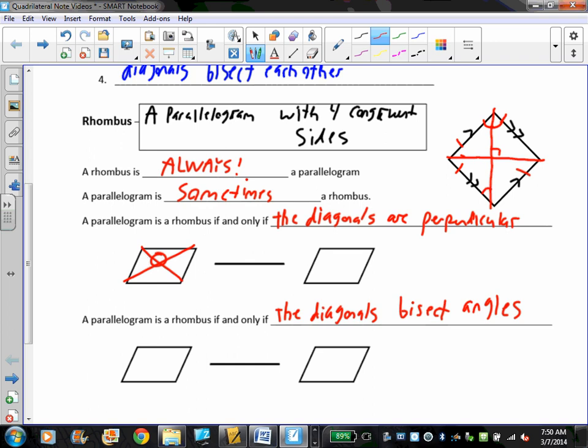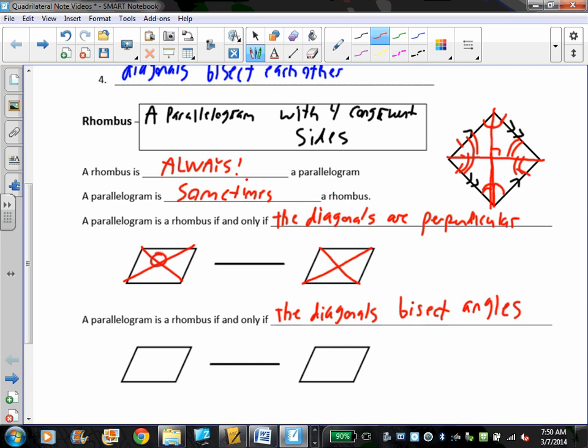And frankly, this should also be, I kind of drew the line off a little bit, but this should be the same size as this. And then the same will be true over here. In a regular parallelogram, that does not necessarily happen. It could, but it doesn't have to. So that is another thing to consider.